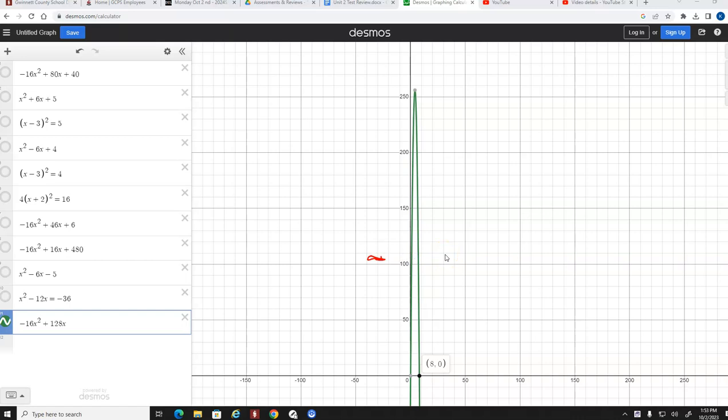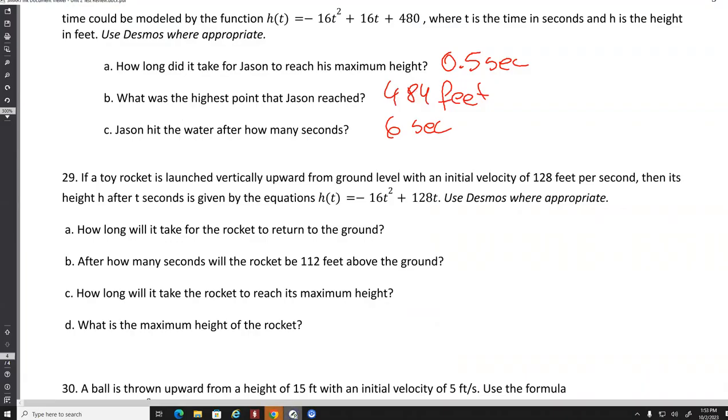Now, how long will it take the rocket to reach a maximum height? Maximum height is right here, and this is your second. So 4 seconds it will take to reach 256 feet. And what is the maximum height of the rocket? 256 feet. So here you will have 8 seconds. Here it will be 1 second. Here you have 4 seconds and 256 feet.